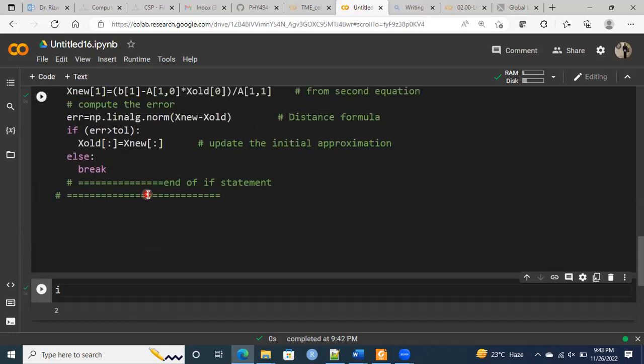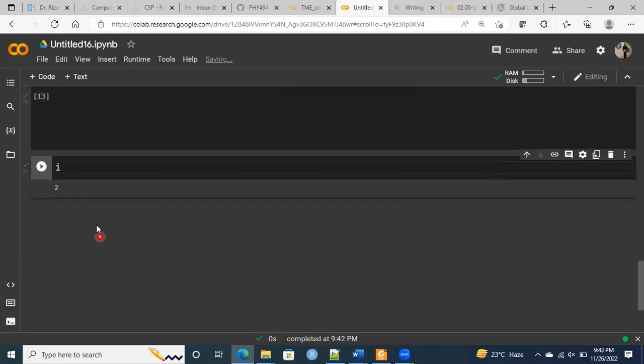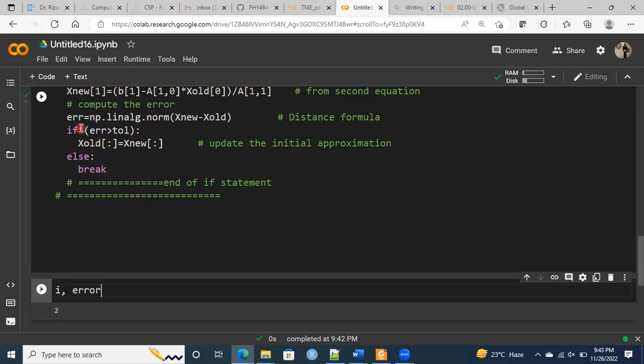So i value is two iterations have been performed, and the value of error, the variable err, has been set to 0.